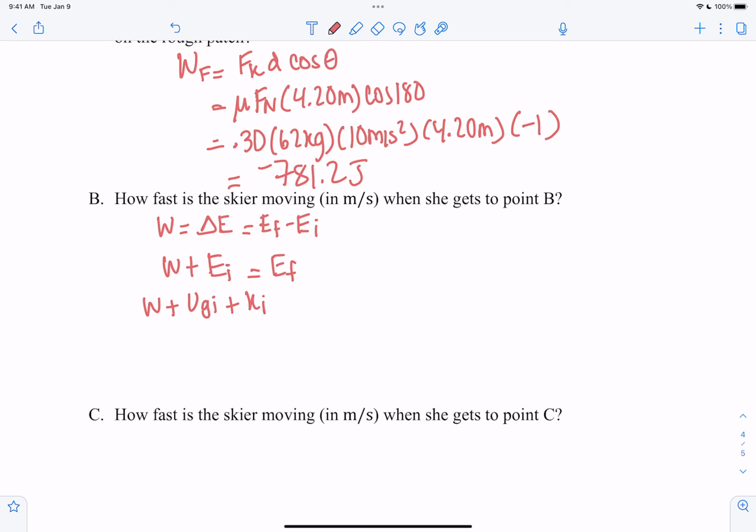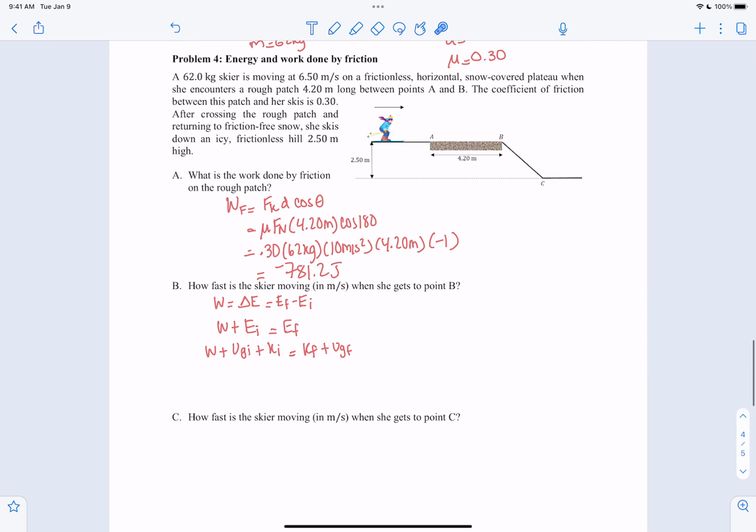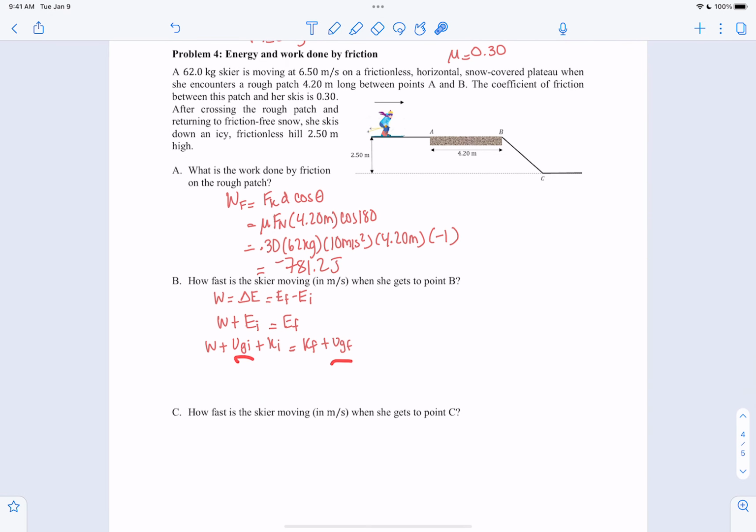You're moving at 6.5 meters per second. And then you also have some final kinetic energy that we're trying to figure out, the final speed at point B. And you also have a final gravitational potential energy. What do you think these values are? Are they similar? Are they different? Are they the same? What's going on here with UGI and UGF from this point to this point?